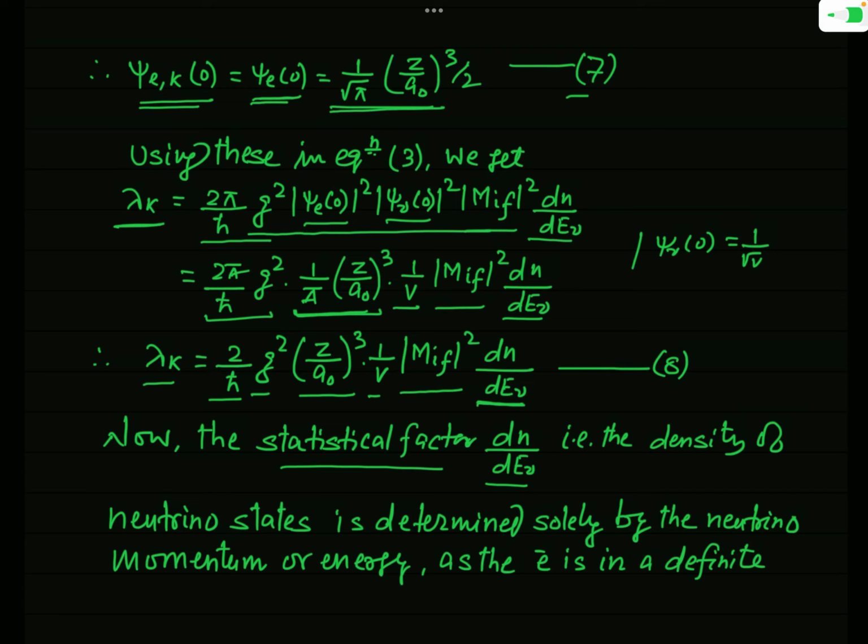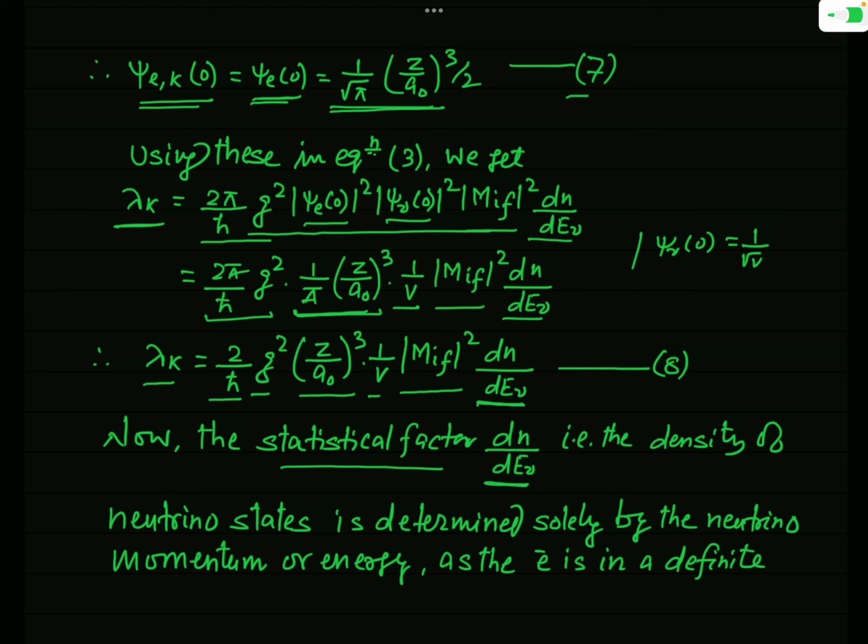One thing is different here from the beta decay process. When we calculated this statistical factor in beta decay, we calculated dn by de nu and dn by de e, that is for both electron and neutrino.